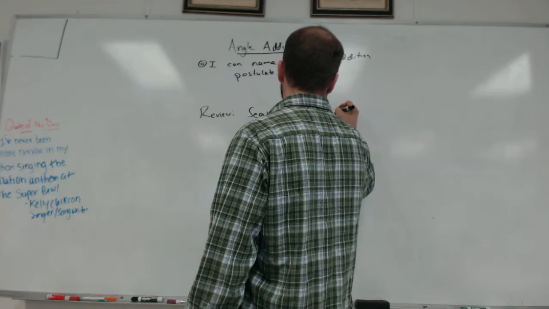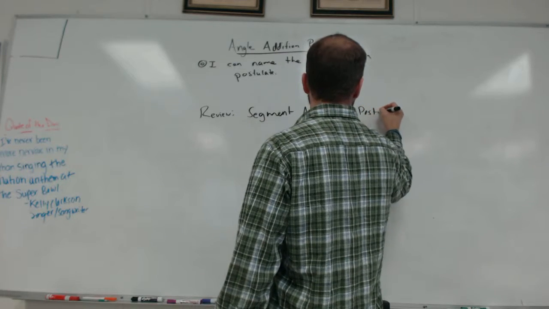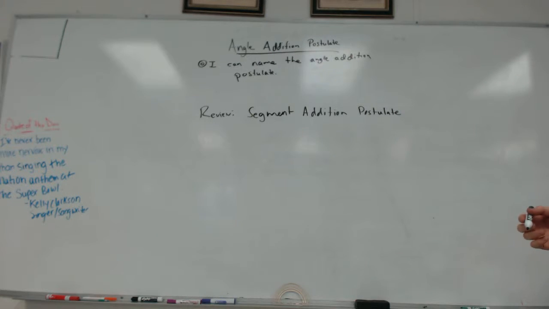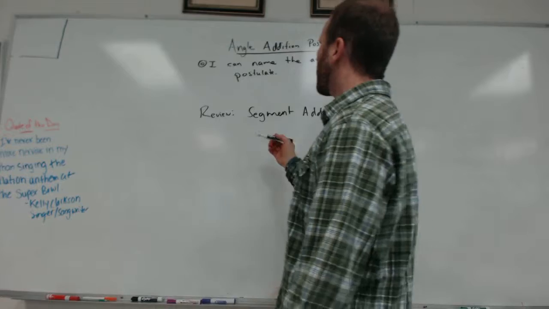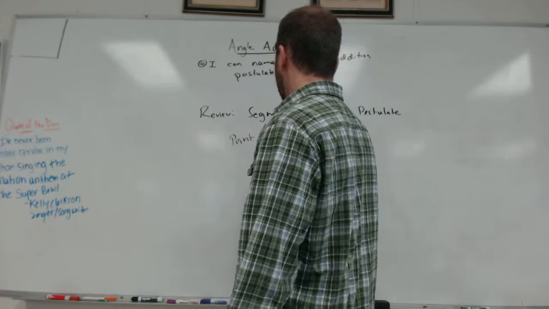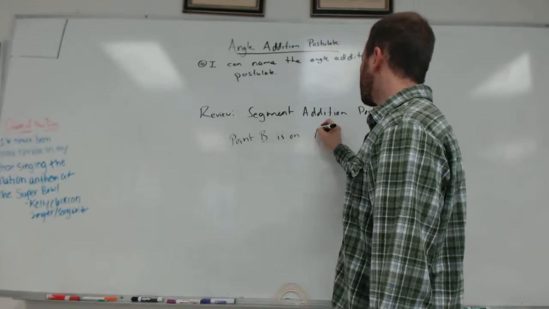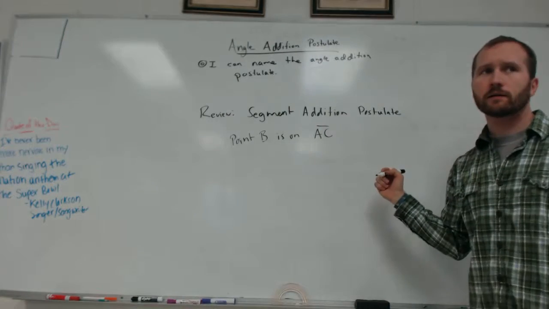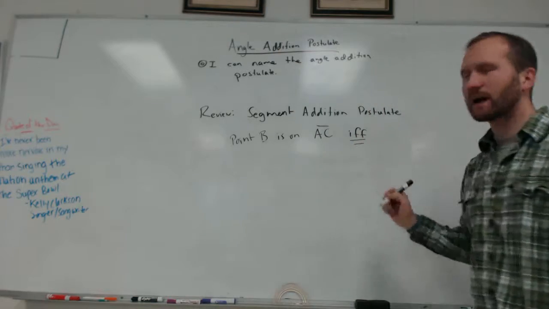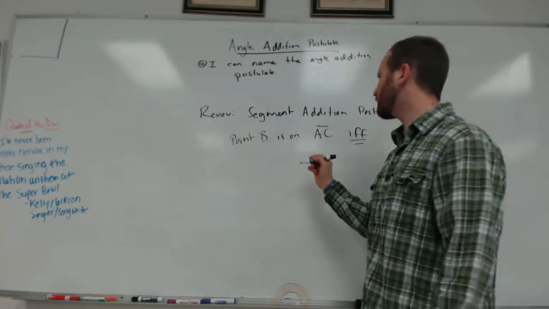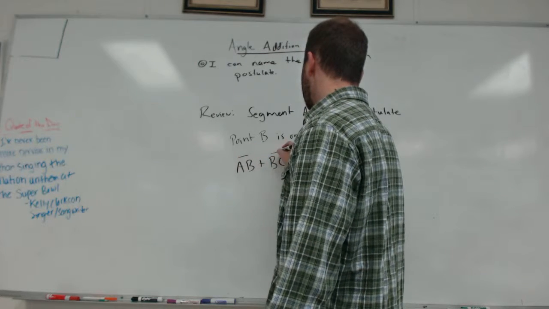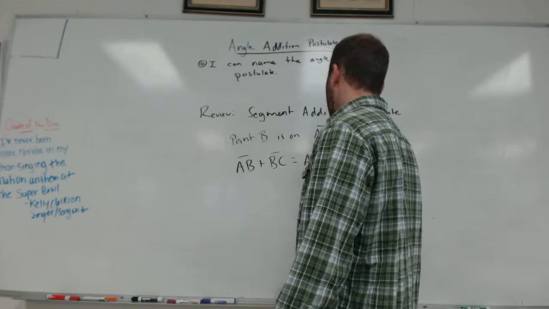So the segment addition postulate said that point B is on the segment AC if and only if, you guys remember that I use IFF for that, if and only if AB plus BC equals AC.